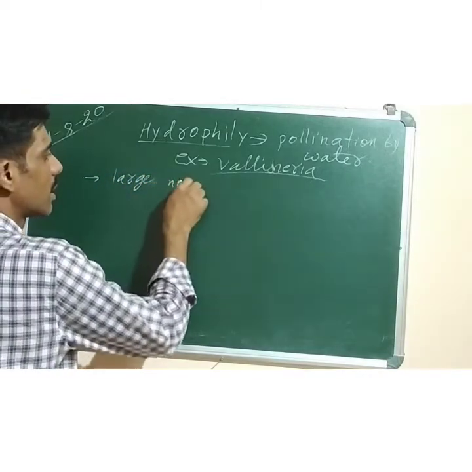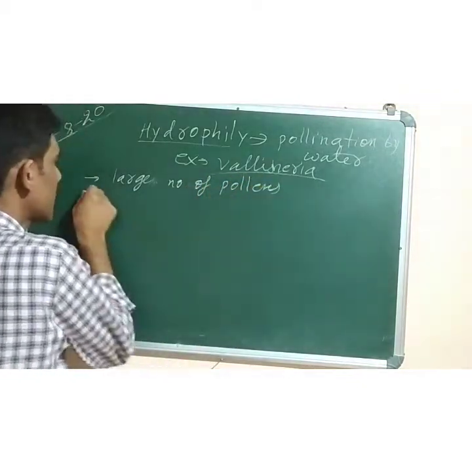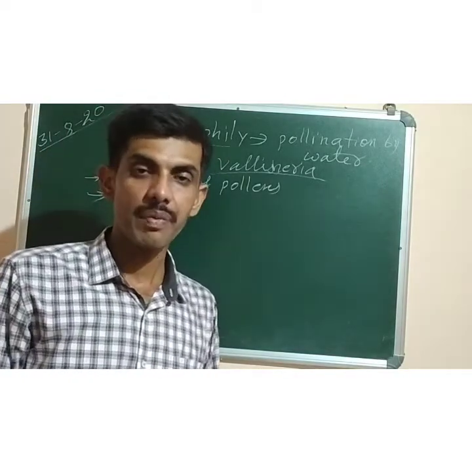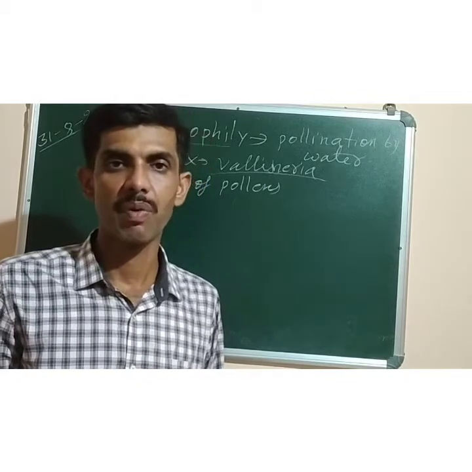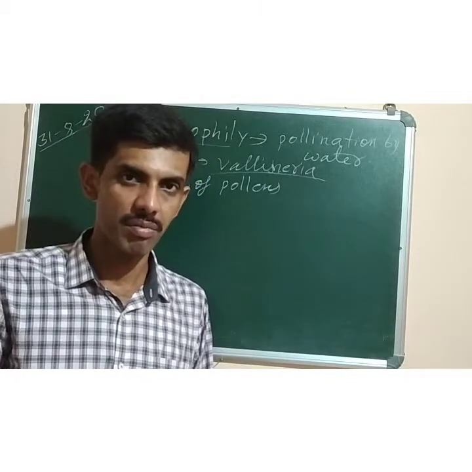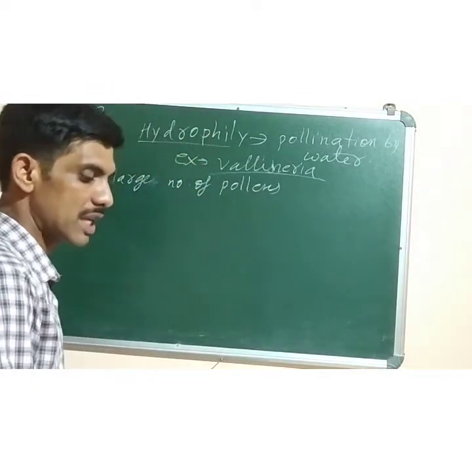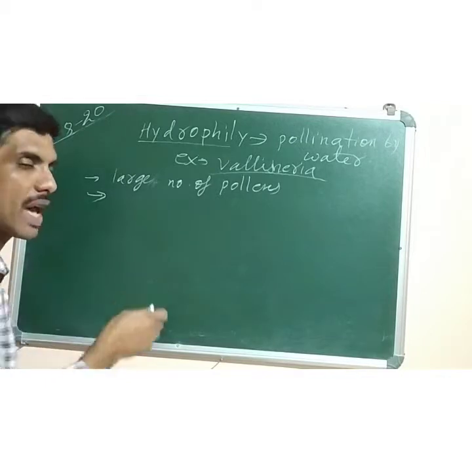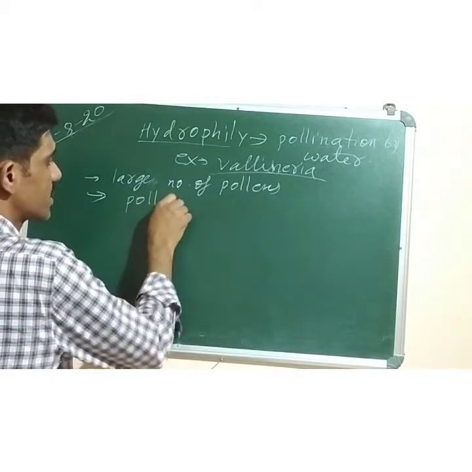And the second characteristic, the pollens are waterproof because they have to swim on the surface of water, so they have got a waterproof coating on their body, so pollen grains keep on floating alongside the surface of water. It means they have the power of floating, so pollens can float on the surface of water.